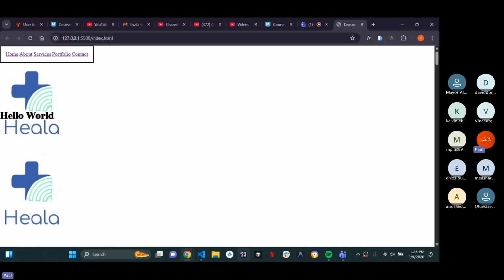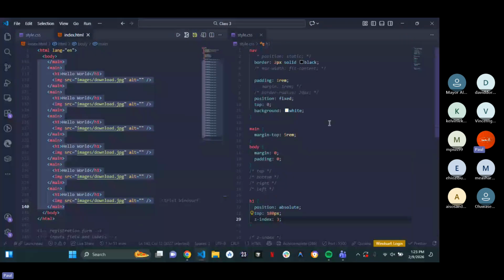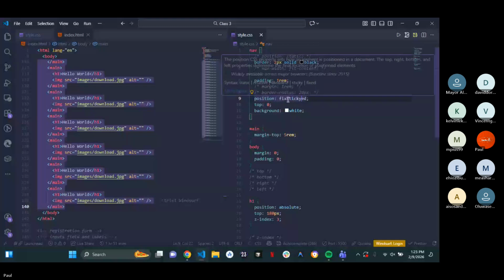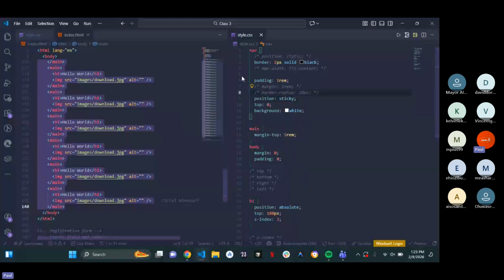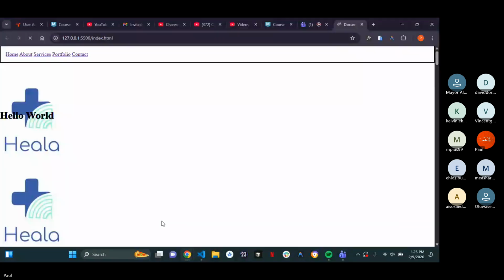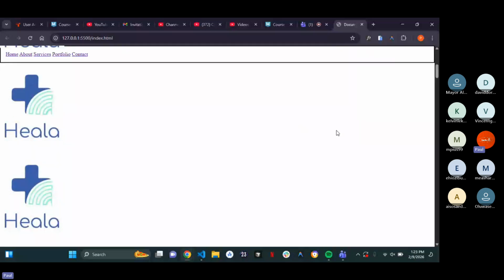Let's say you want to make this sticky. How do you do it? I can go to my nav, and at my nav, I can say position sticky, with a top of 0. Now I want you to note what's going to happen. If I refresh, there is actually something here.